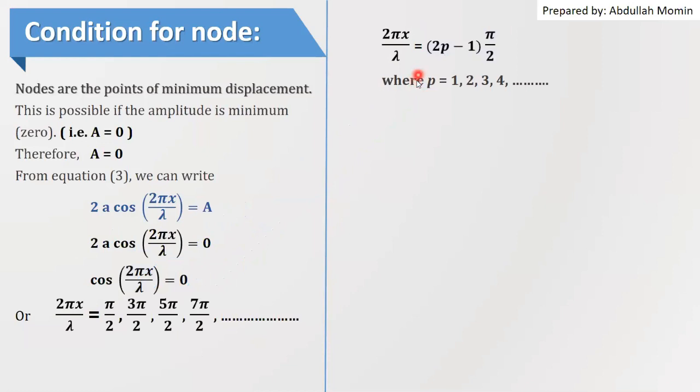Now we are going to simplify this equation, and what we are going to do, we will cancel some terms. So this pi is getting cancelled with this pi, and this 2 by lambda, when it goes to the other side of the equation, will become lambda by 2.